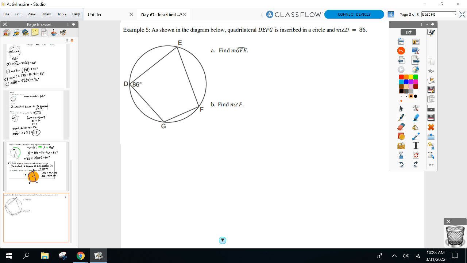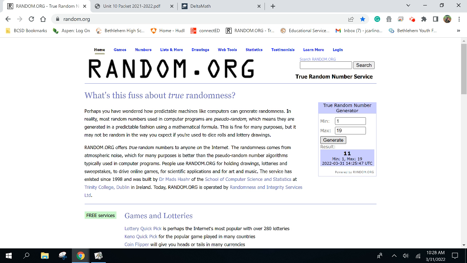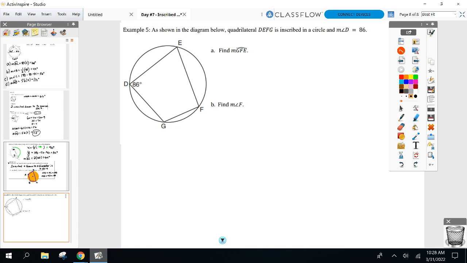Okay, we're finishing up here. How do we get arc GFE? How do I get arc GFE here? Why half of 360? So you're saying this one's 180.